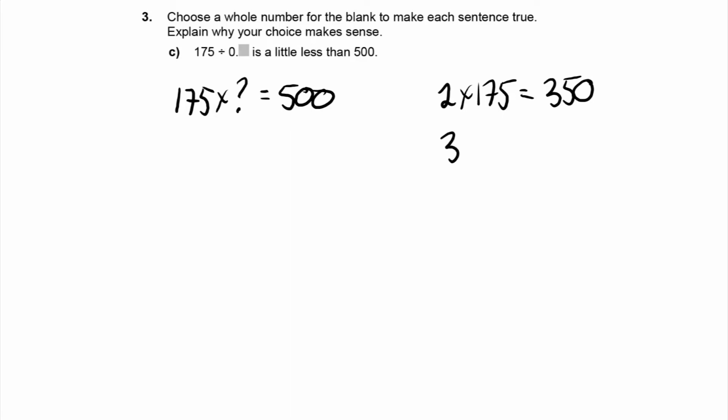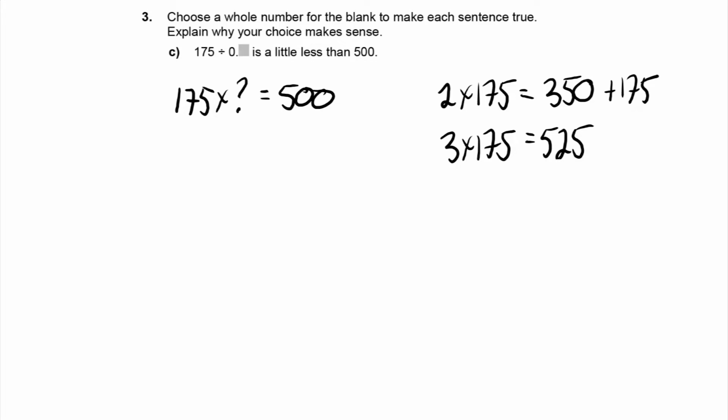What about 3 times 175? I can take that 350 and add 175. So if I add 175 to 350, unfortunately, I end up at 525. We want to end up with something that's a little bit less than 500.